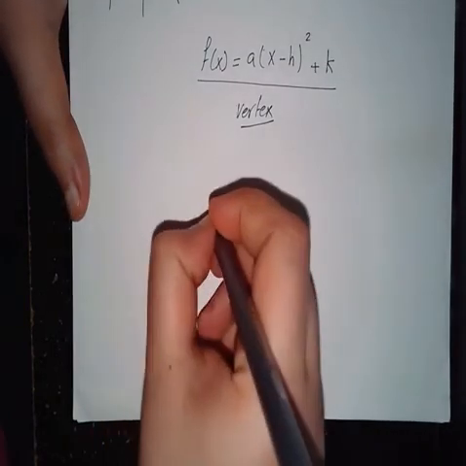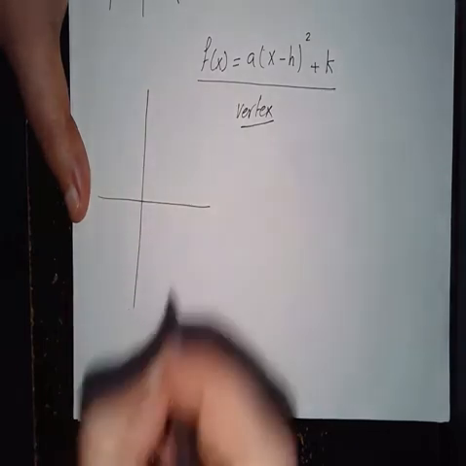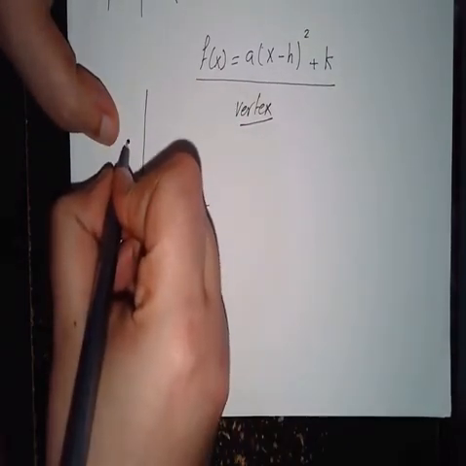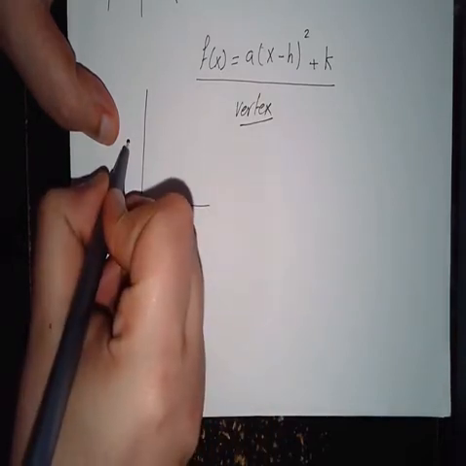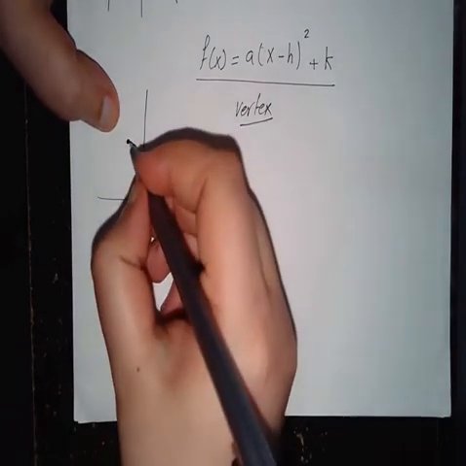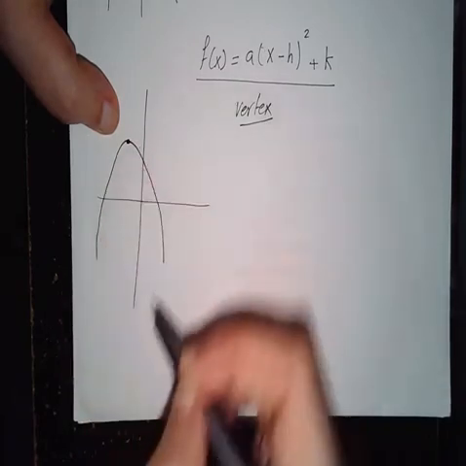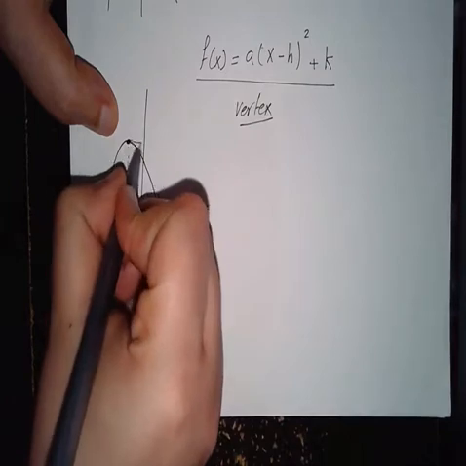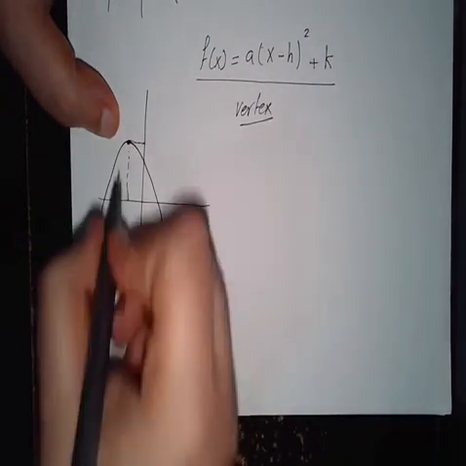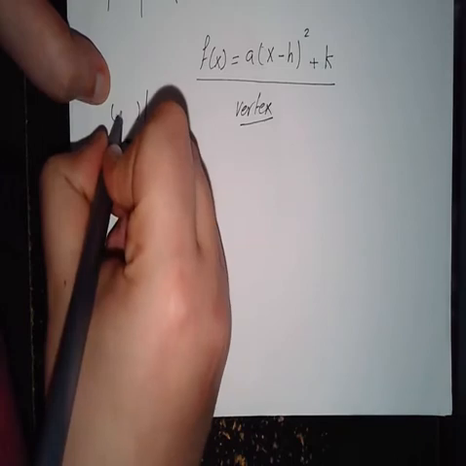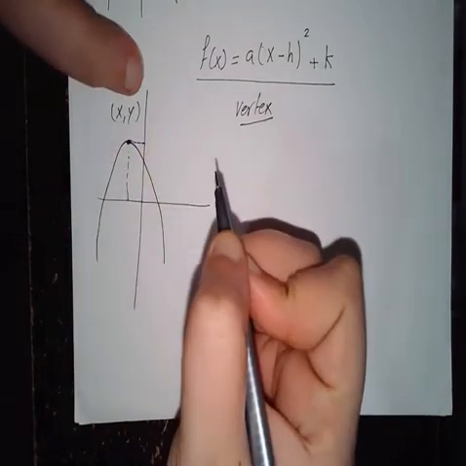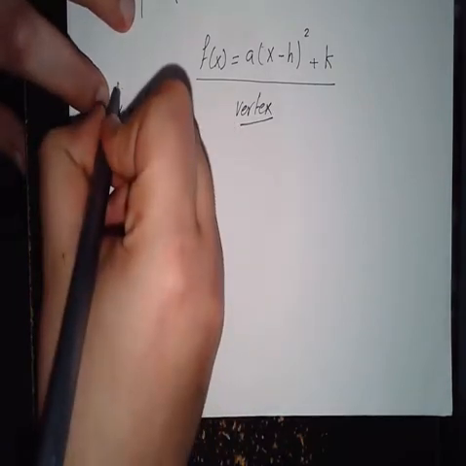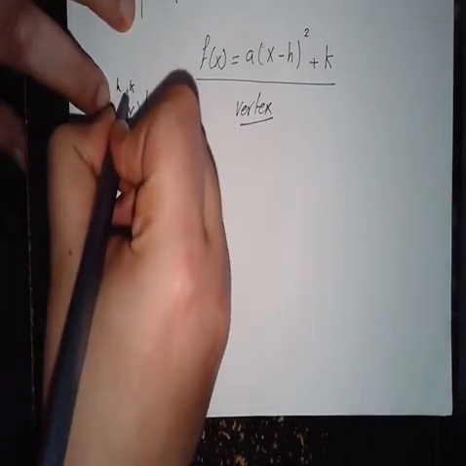Now, let me graph this, for example. Let's call this my vertex. This point right here is the center of the parabola I'm graphing. Yeah? And obviously it corresponds to a specific x value and a specific y value. Correct? So this point right here, the coordinates, which we usually say what? The first one is x, the second one is y, right? Well, these 2 coordinates are actually h and k.